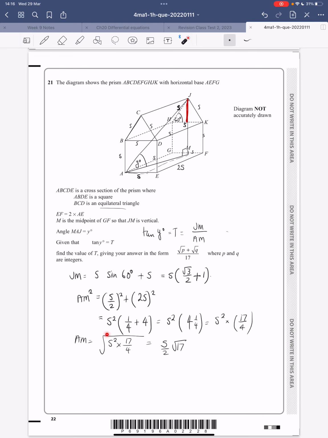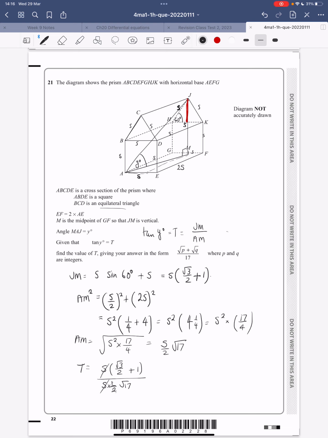Okay, the S comes out there, the square root of 4 comes out there, S over 2 and root 17 in there. So T is JM, which is S times root 3 over 2 plus 1, divided by AM, which is S times a half root 17.